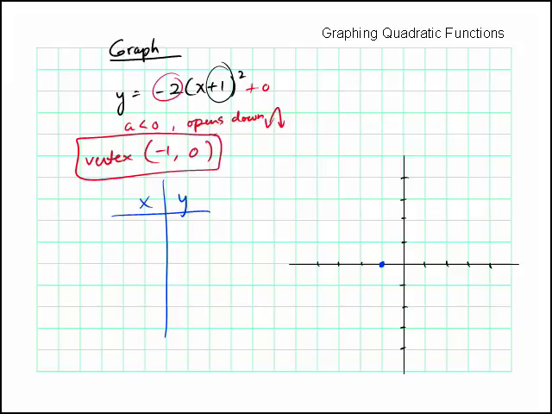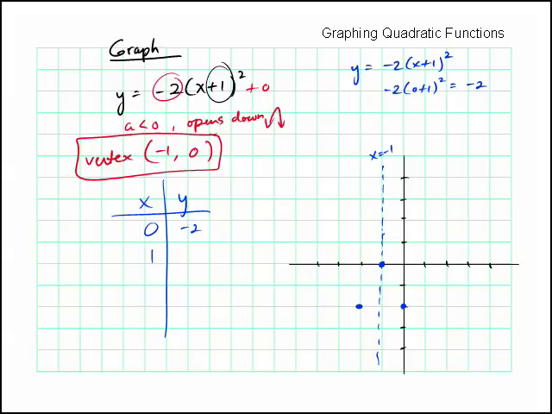Let's see. y equals negative 2 times x plus 1 squared. If I plug in 0 for x, I end up with negative 2. 0, negative 2 is right here. If I plug in 1, oh wait a second, I forgot, this was my vertex, so my axis of symmetry is right here at x equals negative 1. So if I have this point 0, negative 2, then there's another point on the other side right there.